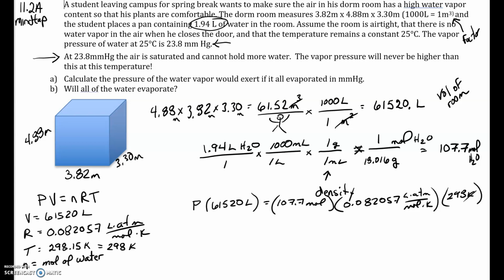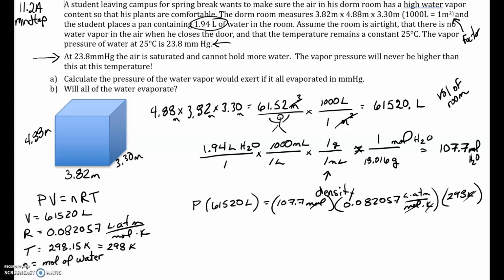So my Kelvin is going to cancel here, my mole is going to cancel. The way I like to do it is to just multiply the three numbers, but I could do this all in one step. I could multiply 107.7 times the 0.082057 times the 298, and then divide by the 61520.